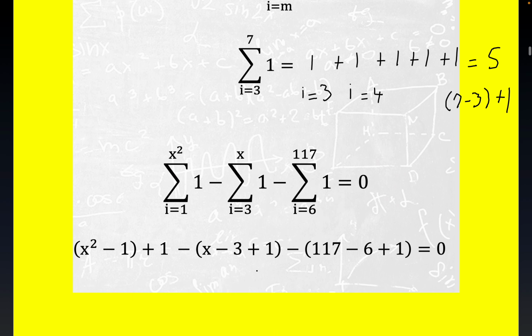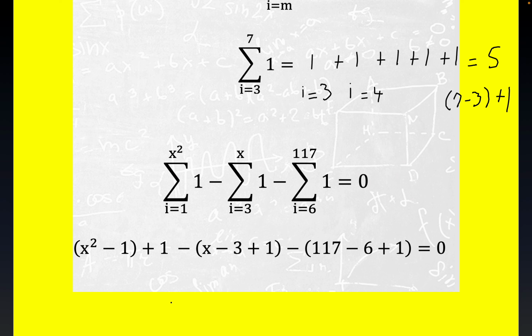All right. Now, what happens here, folks? Well, I'll just write it directly underneath. All you're left with here is x squared, right? Now, right here, you have x minus 3 plus 1, which is x minus 2. So that would be minus x plus 2, right? This part resolves to minus x plus 2.